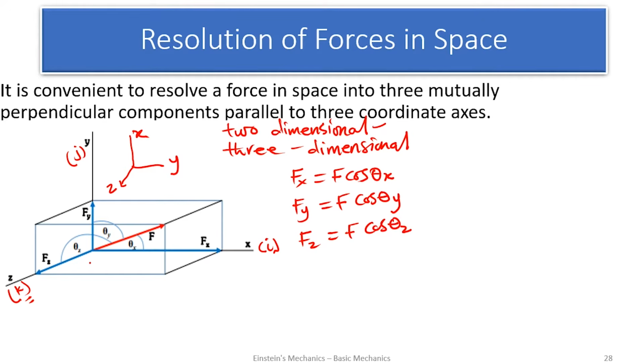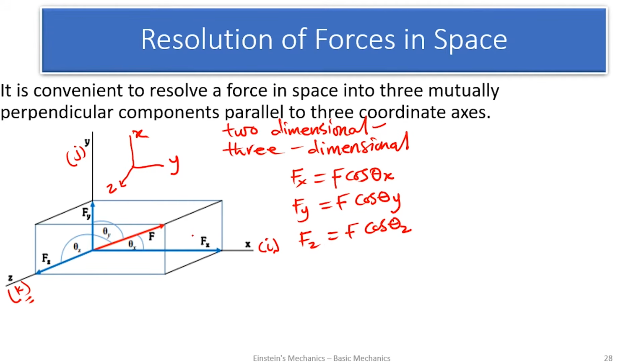So it's quite simple, meaning anytime we have a force in space, we have to resolve it onto all the three axes. And this is the first formula that must come to mind: a force in space resolved on the x-axis is the magnitude of that force cos theta x, the angle it makes with the x, and on the y, the magnitude of the force cos theta y, the same thing on the z as cos theta z.